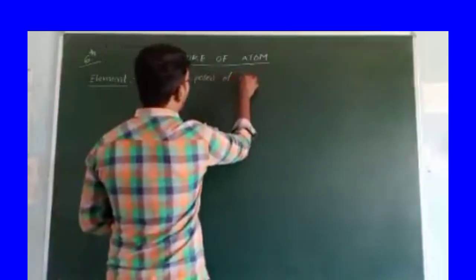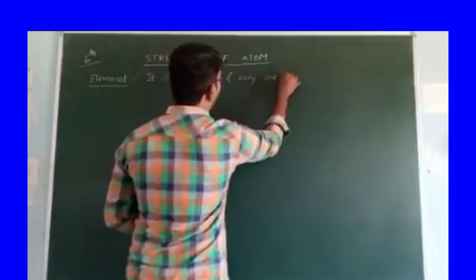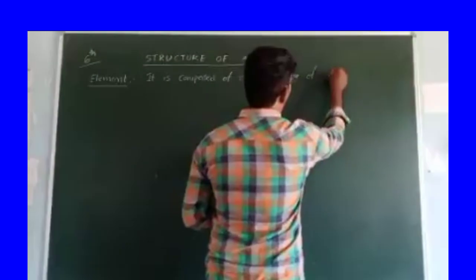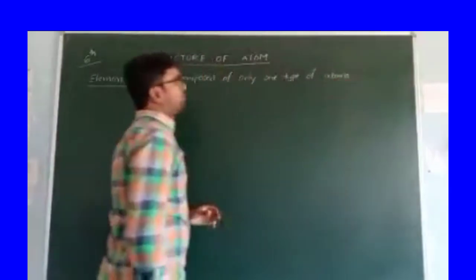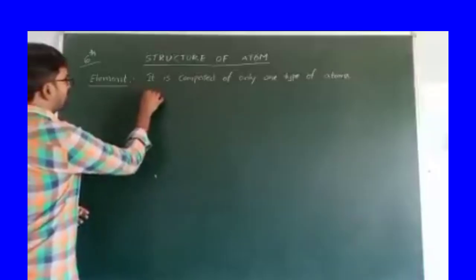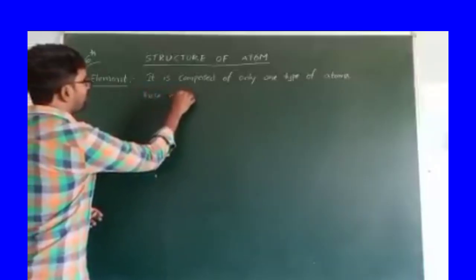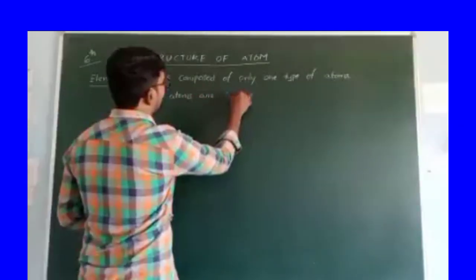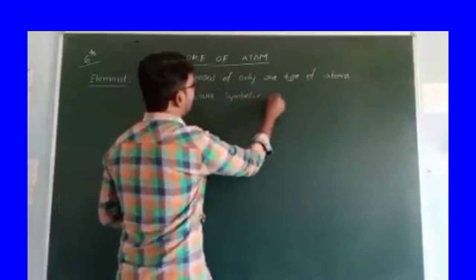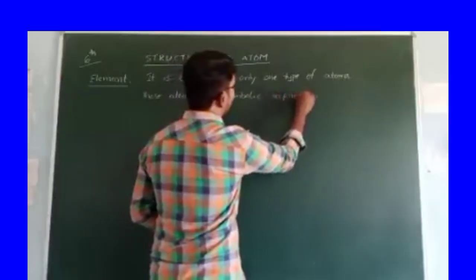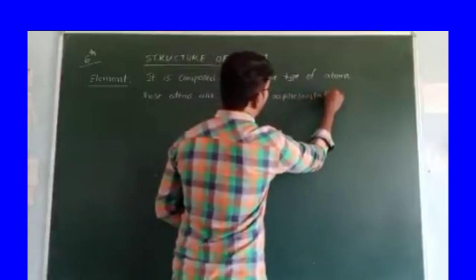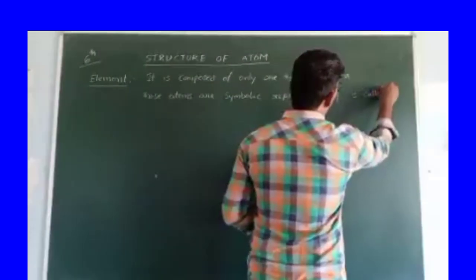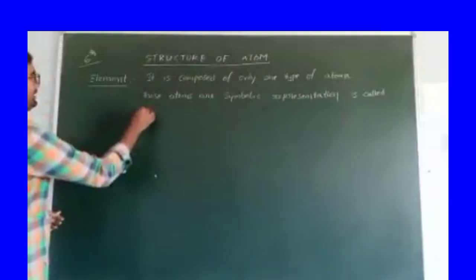What is an element? It is composed of only one type of atoms. The symbolic representation of those atoms is called an element.